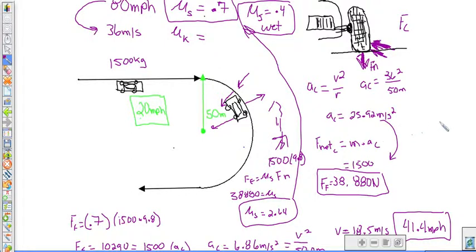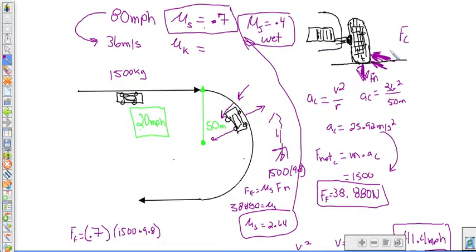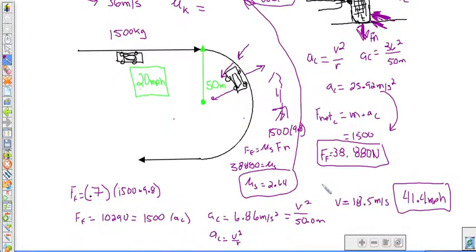They've taken into account all of these factors, and knowing that it's friction force that keeps you able to go around this turn. All of this is circular motion, incorporating forces and friction force as you go around a turn.